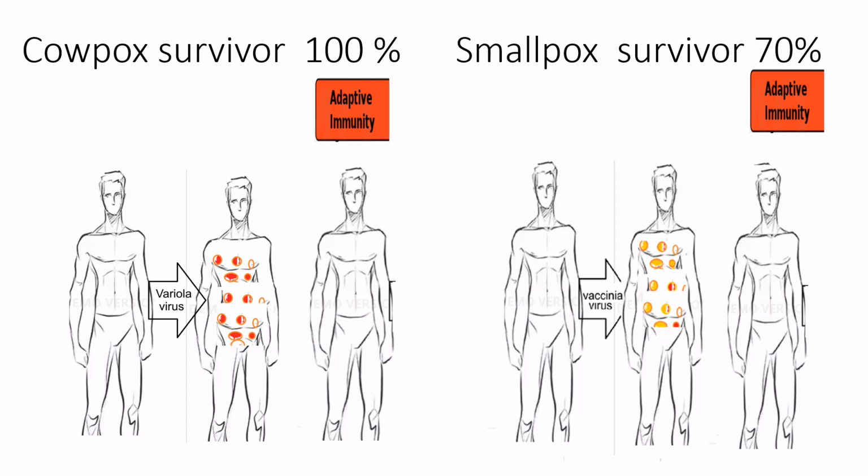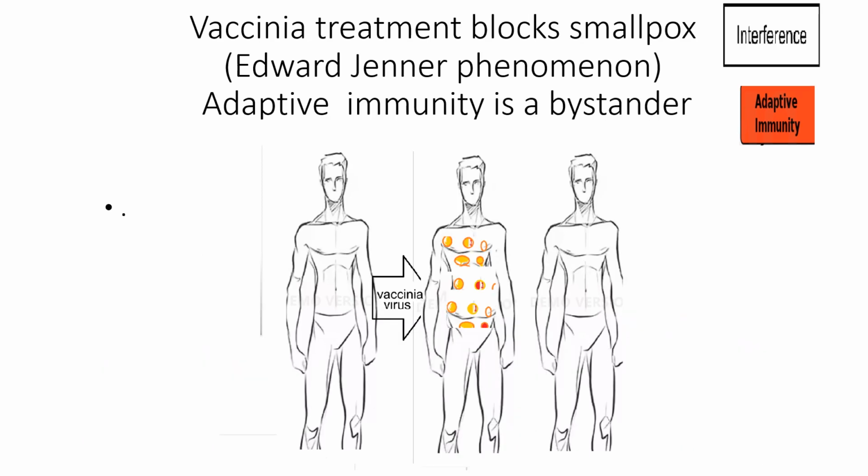So here you have it, cowpox survivor, and here smallpox survivor. So the vaccinia treatment blocks smallpox, which I call the Edward Jenner phenomenon, but adaptive immunity is bystander.